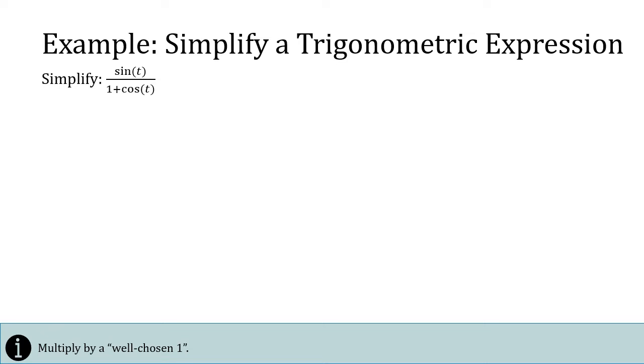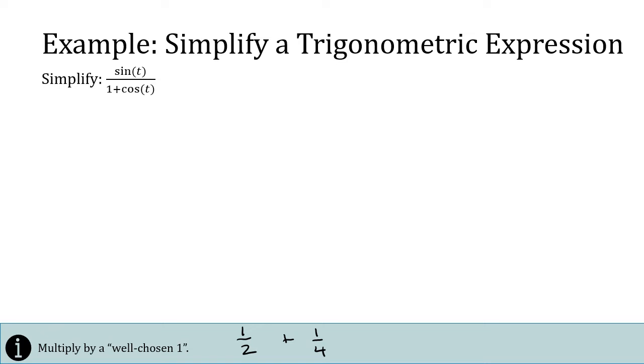And the technique that we want to look at here is the technique of multiplying what we call a well-chosen one. Now, a well-chosen one simply means that it is equivalent to 1 but doesn't necessarily look like 1. So for example, probably when you first learned about adding fractions, you had to find a common denominator, right? So for example, maybe you said, okay, well, what is 1/2 plus 1/4?